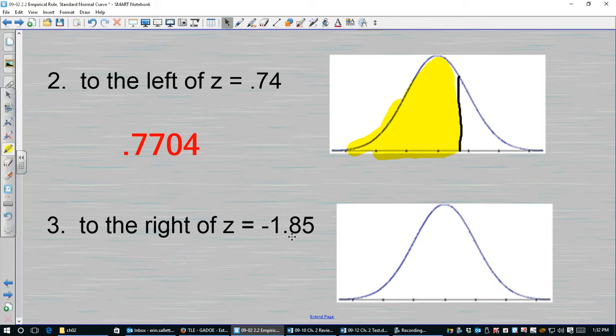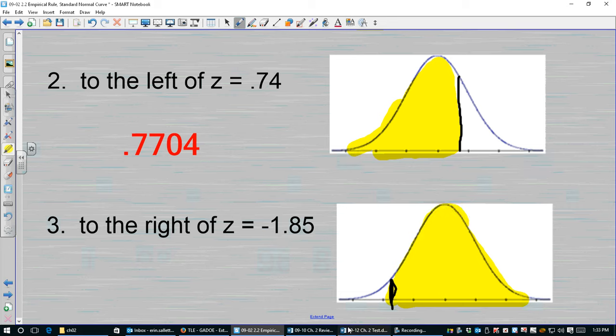What about the area to the right of a z-score? Remember, first we start out the same, negative 1.85, okay, about right here will be that z-score. And I want the area, though, that's to the right. So here, remember my standard normal table value is not going to be giving me the area that's to the right.